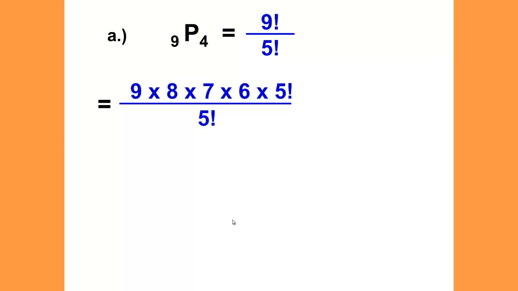So the top becomes 9 times 8 times 7 times 6 times 5 factorial, and we leave the 5 factorial on the bottom.